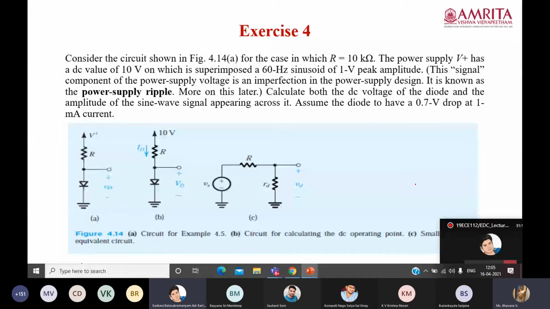In the theoretical aspect, you consider maybe 0.7 drop across the diode, but you will neglect the drop across the resistor. But practically, if you measure it with a multimeter, you will get that drop as well. So practical values are more accurate than the theoretical values. Theoretical is an approximate value. Practical is the accurate and actual value.